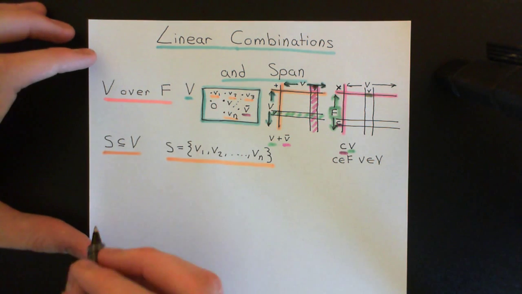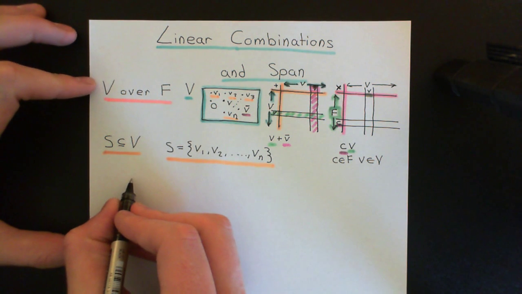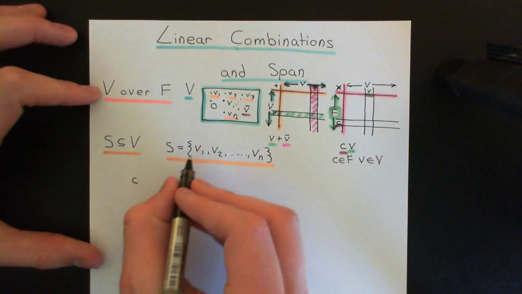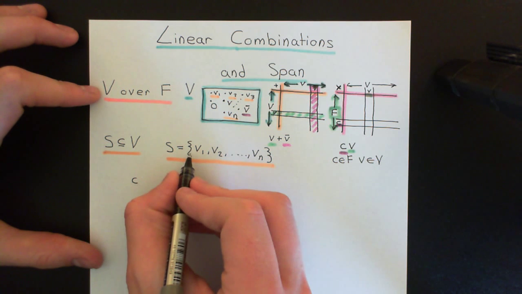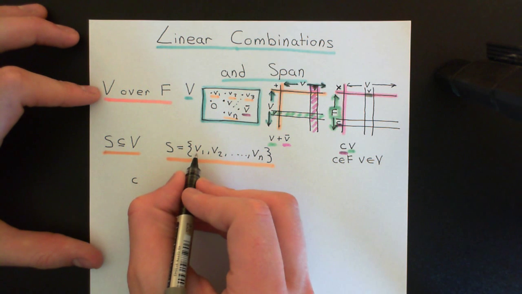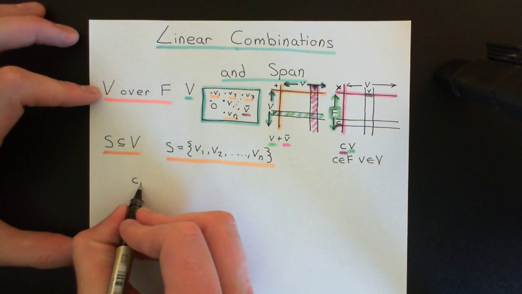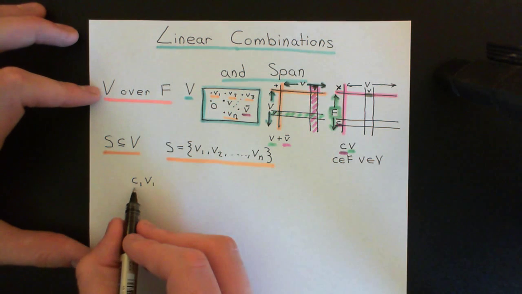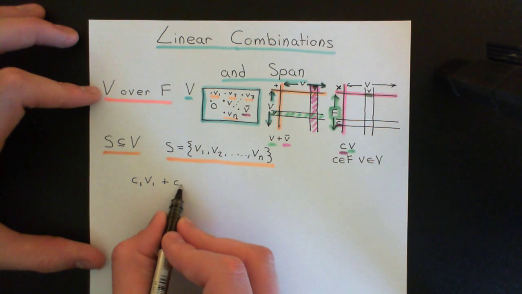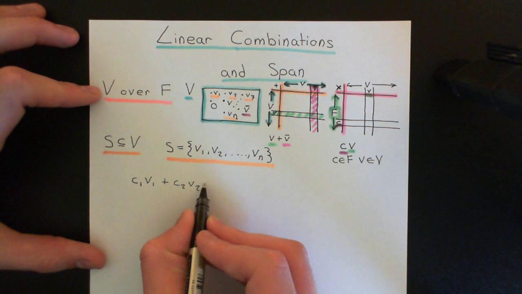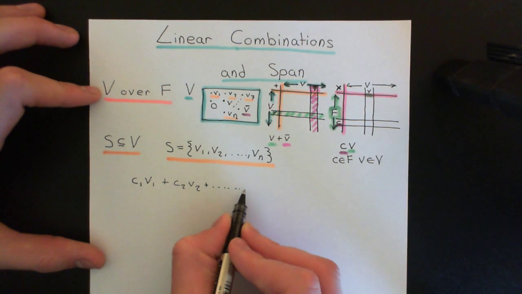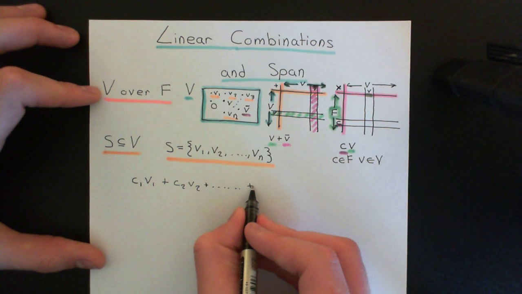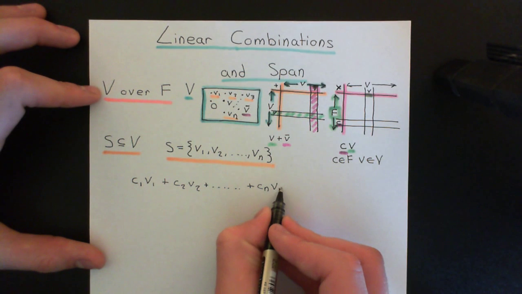And the way it's going to be constructed is that you're going to scalar multiply each of these vectors here by some element of the field and then add them together. So this is what is meant by a linear combination. I'll write it out and then we'll discuss it further. So c1 v1 plus c2 v2 plus c3 v3, c4 v4, all the way up to cn vn.